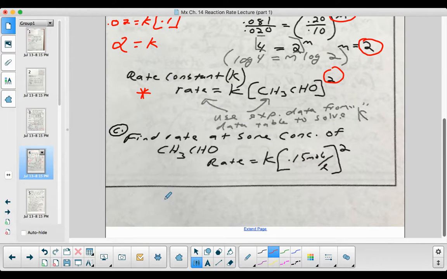Well, in order for me to find the rate at some random concentration, I'm going to plug in my K value of 2, because that's what it's going to be all the time for the decomposition of that reagent. And so now I know that my concentration is just a random one that I've picked raised to the second power. So to solve for the rate here, I would just take my 0.15 concentration that I'm interested in, raise it to the second power, and multiply by my constant K. I'm going to stop there.